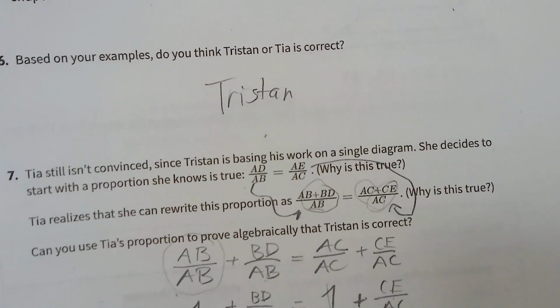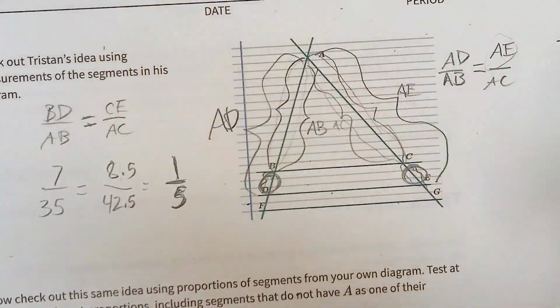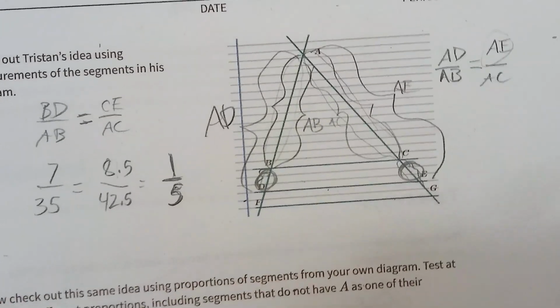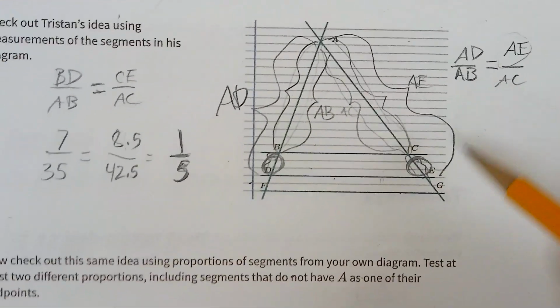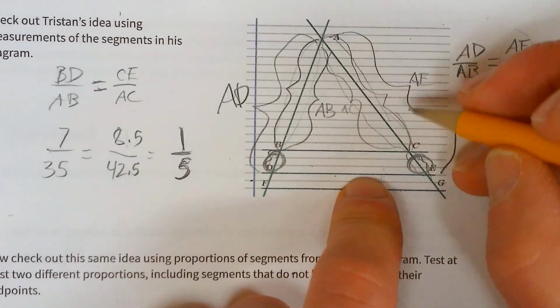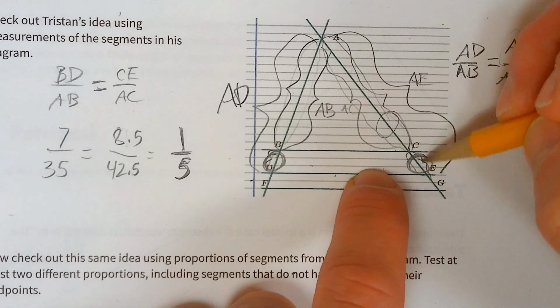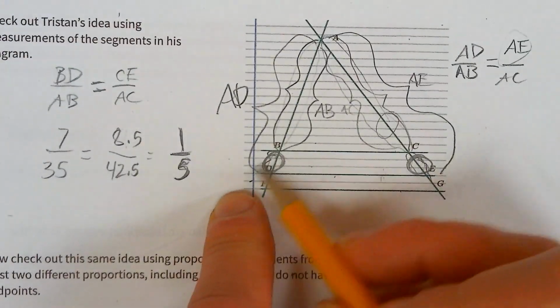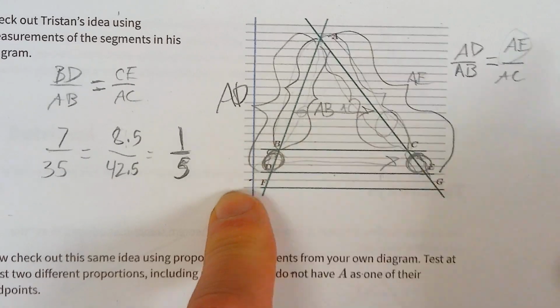So this idea that you don't have to have whole sides, but you can grab little bits between parallel lines, as long as the parallel lines are parallel to the side of the triangle, it will always divide up the sides into proportional bits. So this will be proportional to this, and not only that, but this will be proportional to that, and this will be proportional to that.